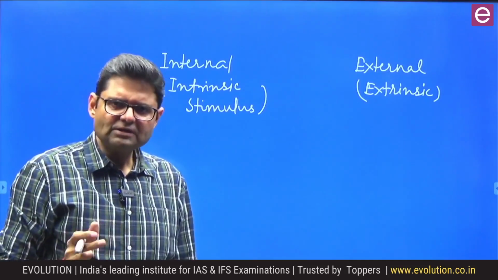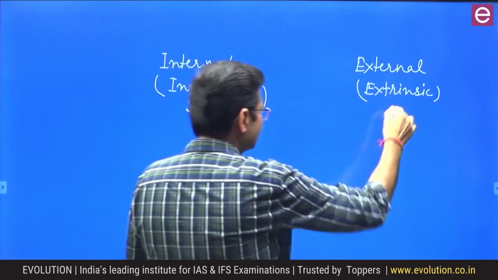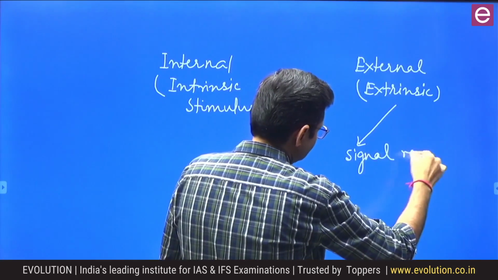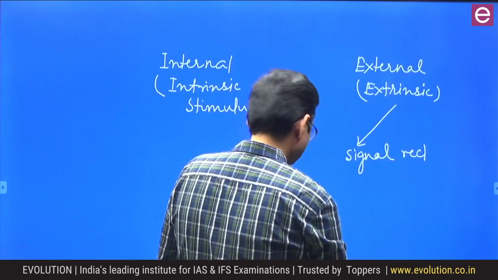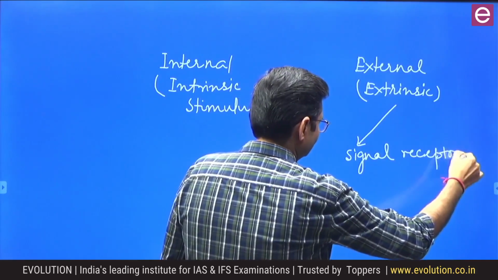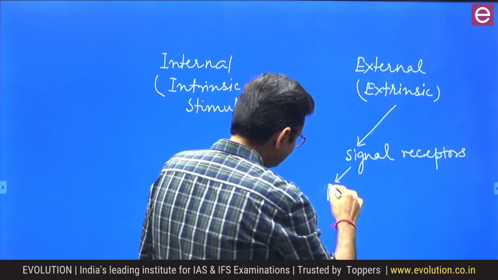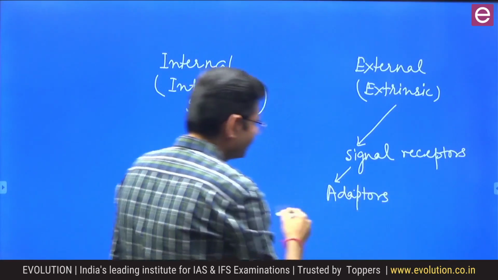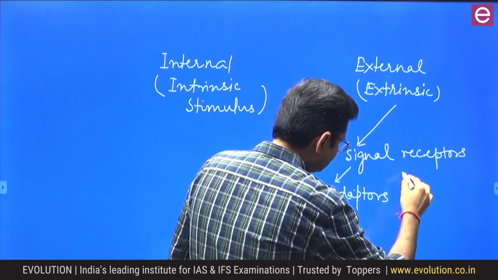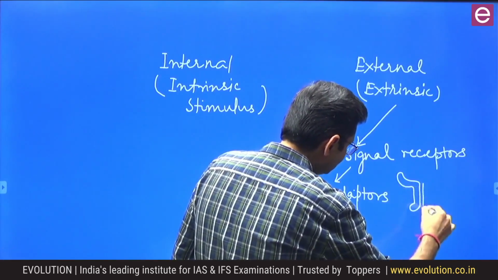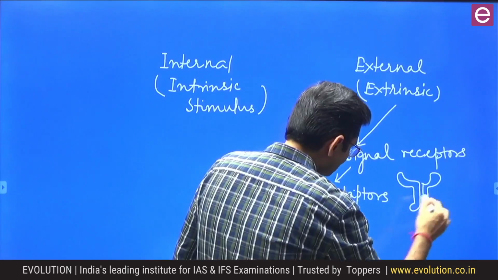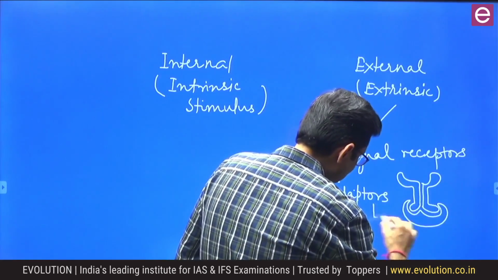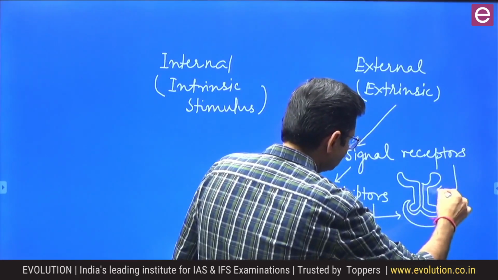So the stimulus could be either. This will be working via signal receptors, and signal receptors will activate the adapters. Adapters are associated with the receptors. So if this is the receptor, generally these receptors are dimeric, meaning two subunits. With this, there are adapters associated. So this is the adapter, this is the receptor.